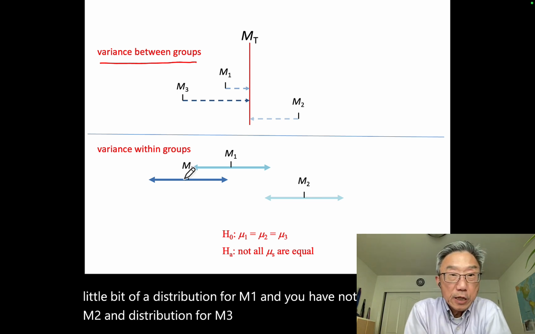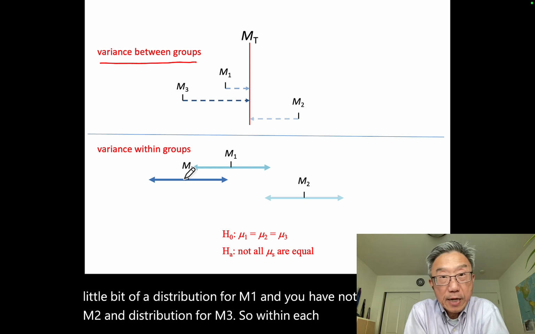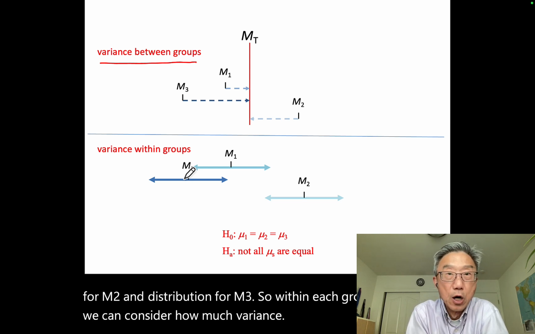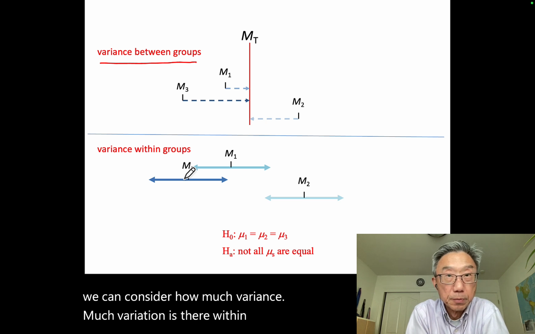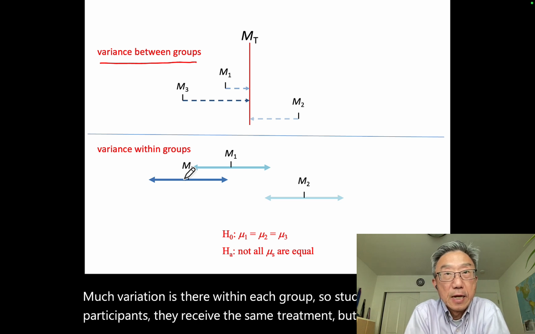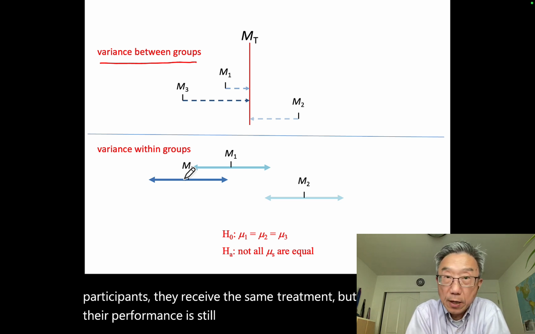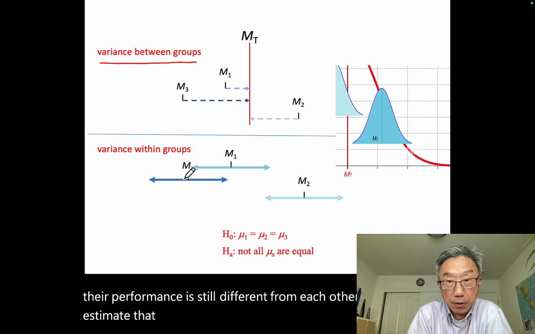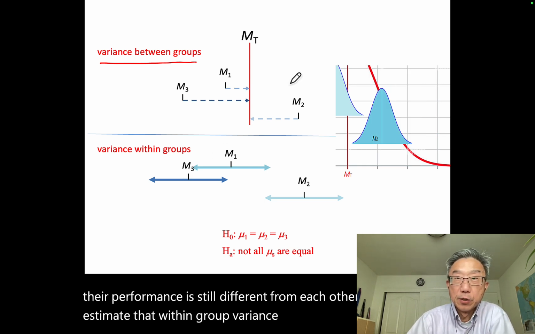So within each group, obviously, we can consider how much variation there is. Participants receive the same treatment, but to what extent is their performance still different from each other? So we can estimate that within group variance. This is another way to think about it.